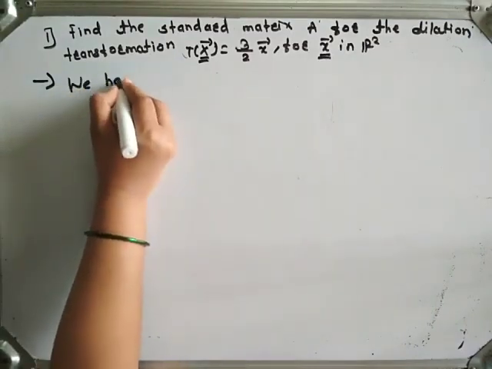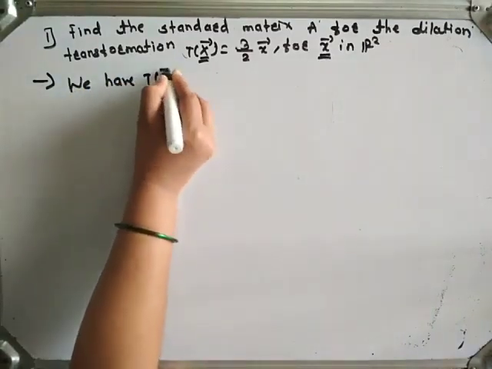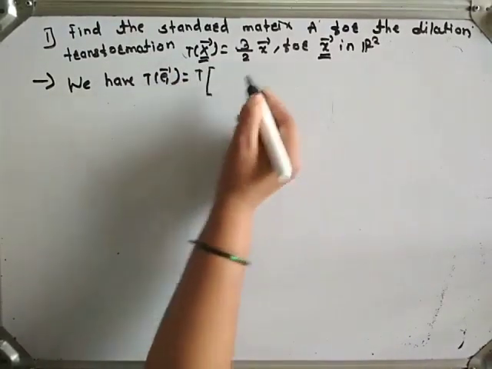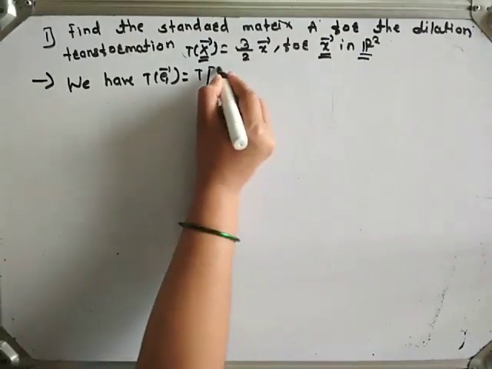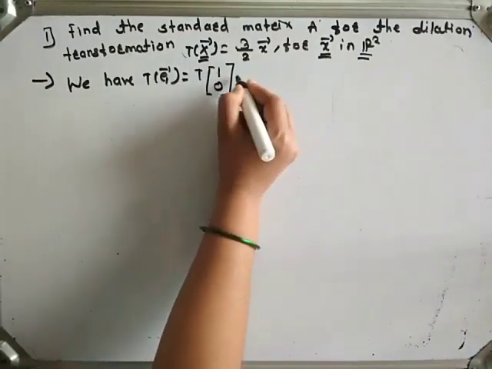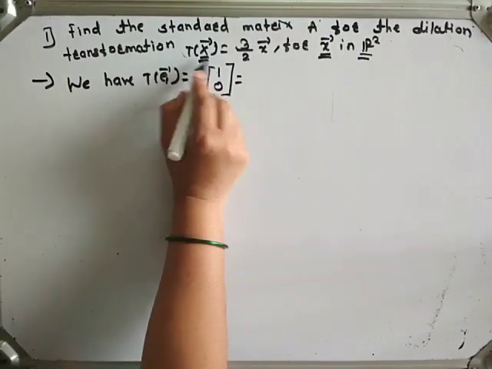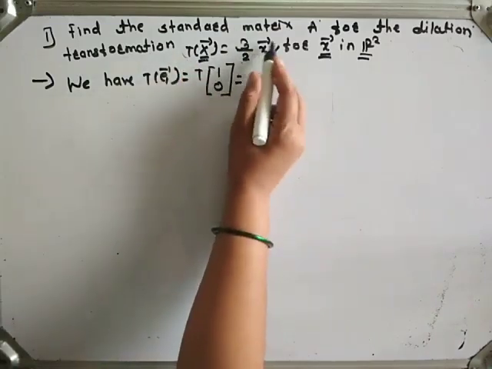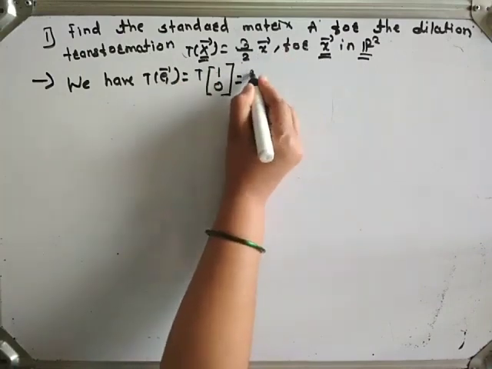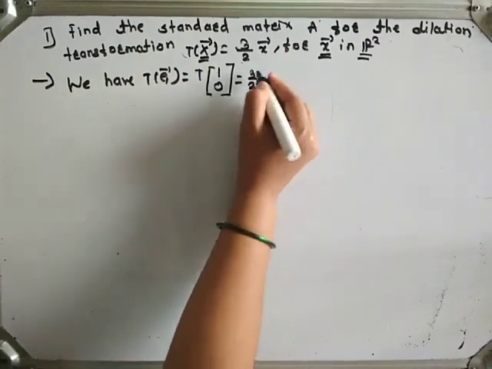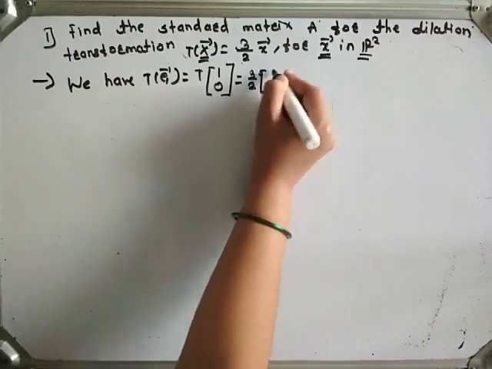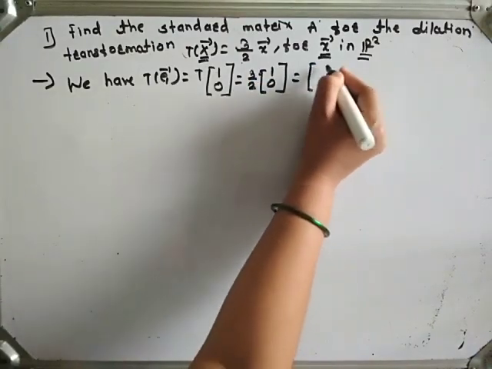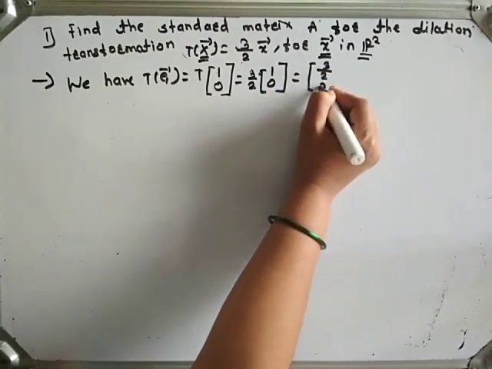We have T of E1 bar is equal to T of, for R2, E1 bar is 1 0, which is equal to 3 by 2 into the matrix 1 0, which is nothing but 3 by 2 0.